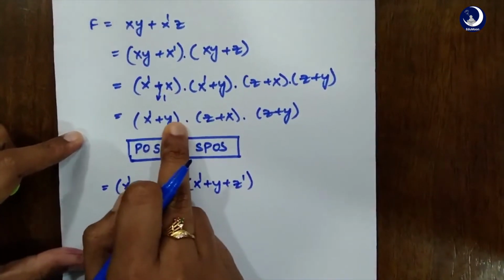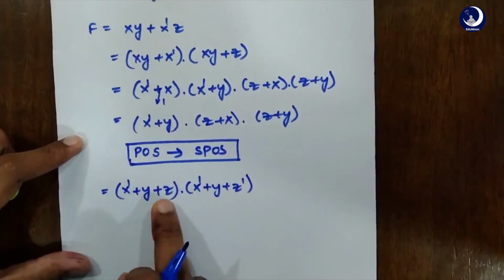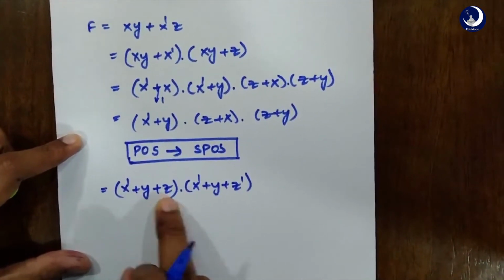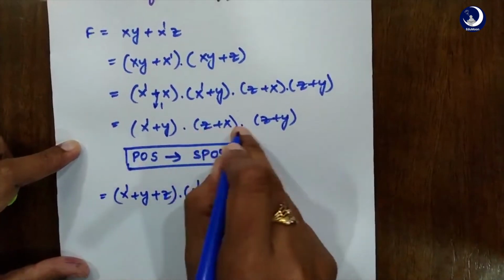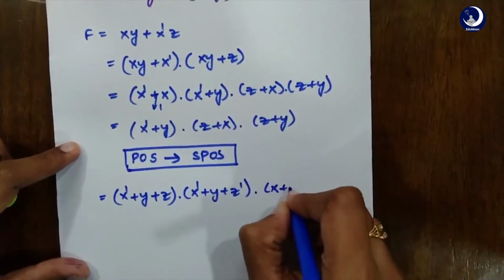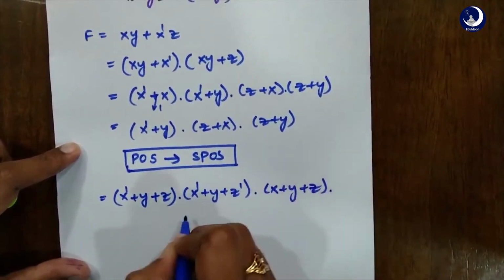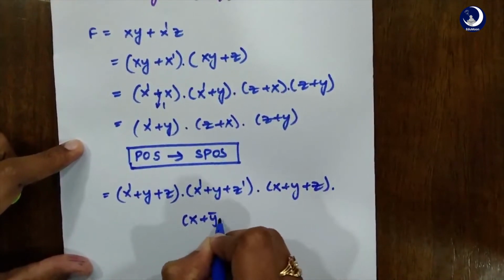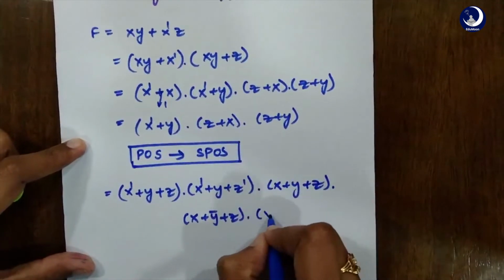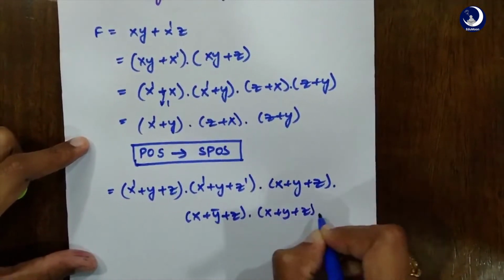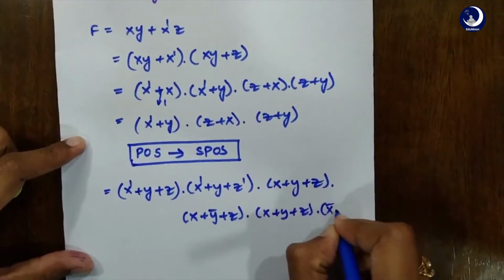In order to add a z, we are just adding its complement for both of them, z and z bar. Now in this case y is missing, so it is (x plus y plus z) into (x plus y bar plus z). Now in this one x is missing, so (x plus y plus z) into (x bar plus y plus z).